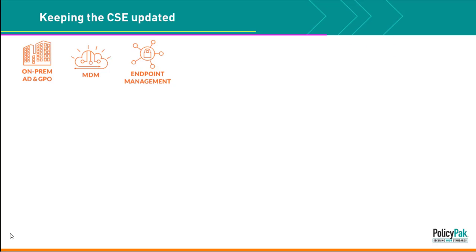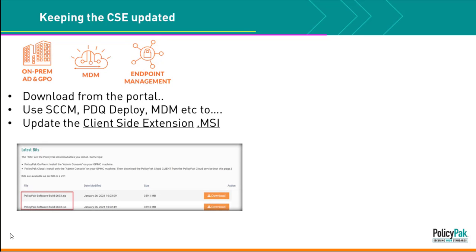Okay. Switching gears, how do we keep the client-side extension updated? Well, in GPO, MDM, and Endpoint Manager land, how do you do this? You just download the latest bits from the portal, and then you get it deployed using whatever tool you like. If you are already using SCCM for software deployment, or PDQ Deploy if you don't have anything already, or if you're already using MDM to deploy stuff, great.